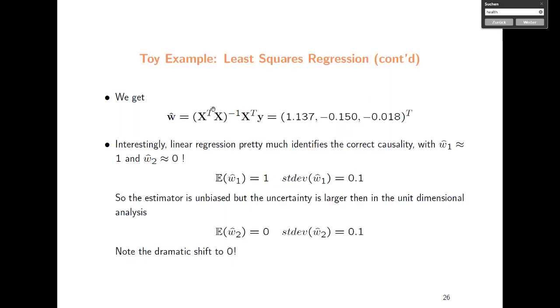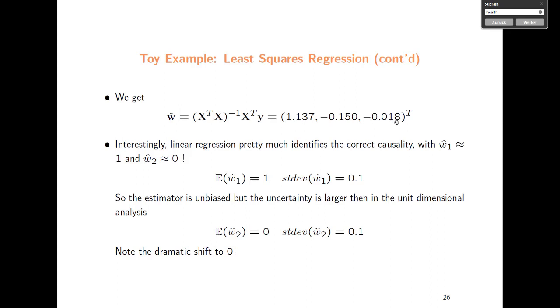And if we do this formula and look what comes out, it's much, much more interesting, or closer to the truth. So the first one, W1, is correctly close to 1. This is the causal effect. W2 is much closer to 0. So this regression found out that it's not really x2 which is important, but x1.